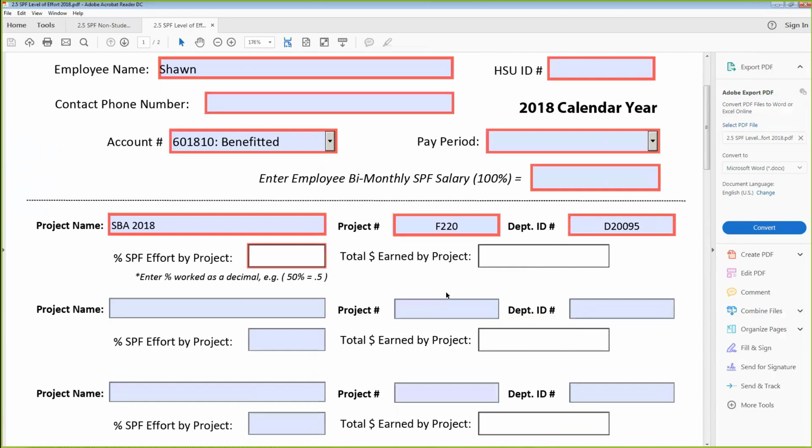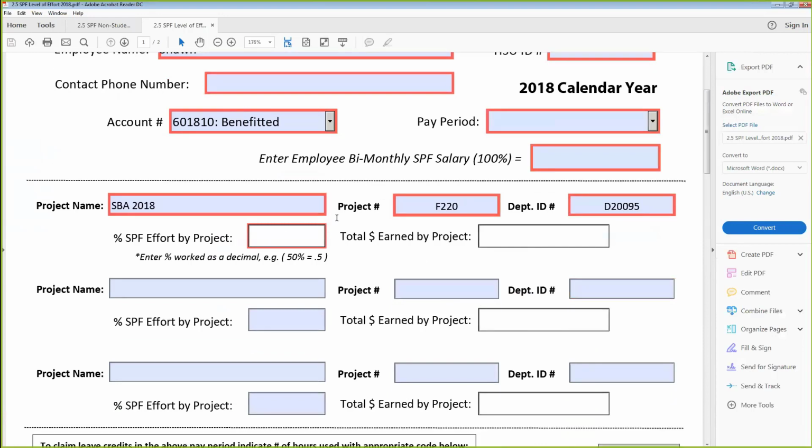And so then the percentage of time would be, let's say half of my time was going to be towards the federal grant, and then part of my time is going to GoBiz, let's just say that.